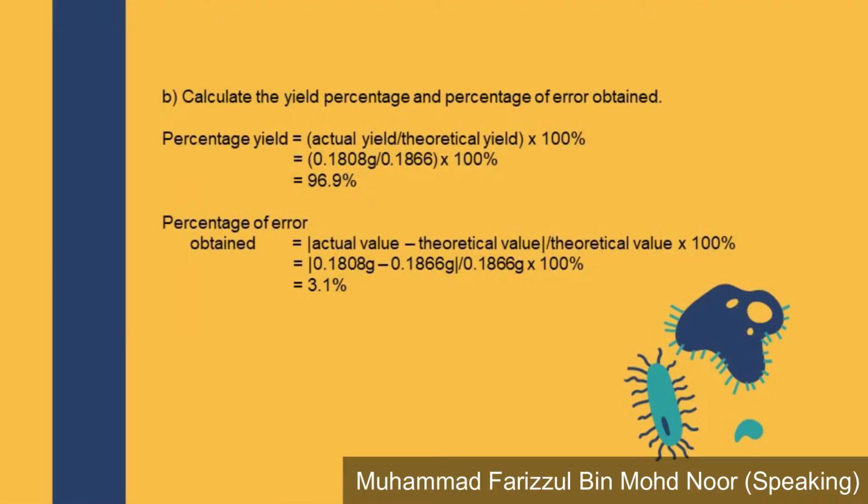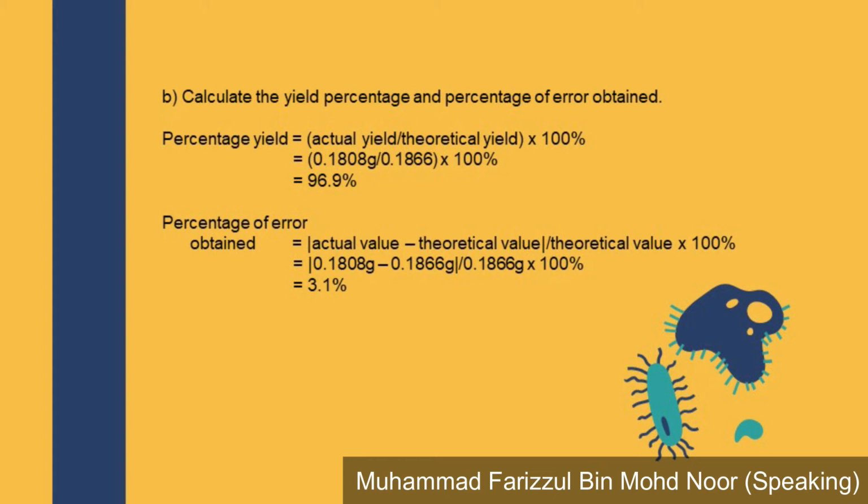B. Calculate the percentage yield and the percentage of error obtained. Percentage yield is actual yield divided by theoretical yield multiplied by 100%. 0.1808 gram divided by 0.1866 multiplied by 100% equals 96.9%.